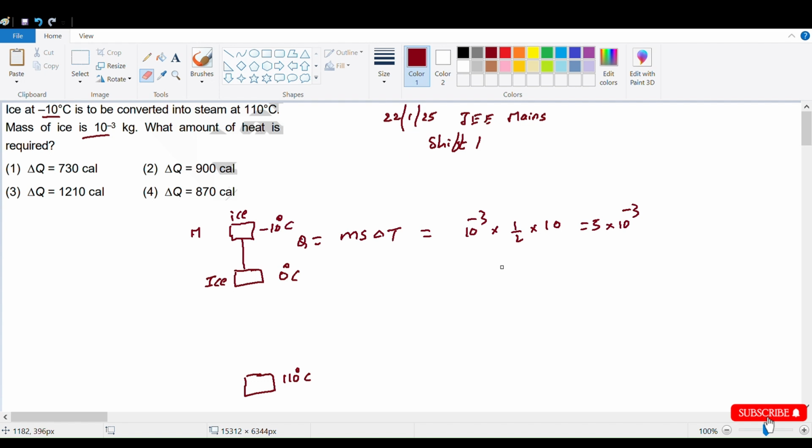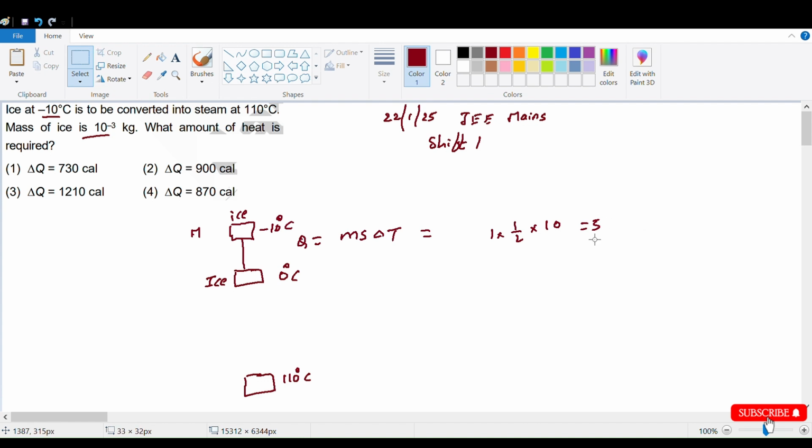Put it as 1 gram. So it is simply 5. 5 calories is required.